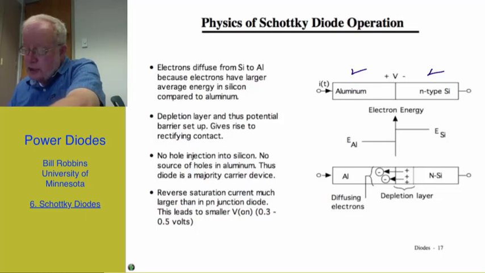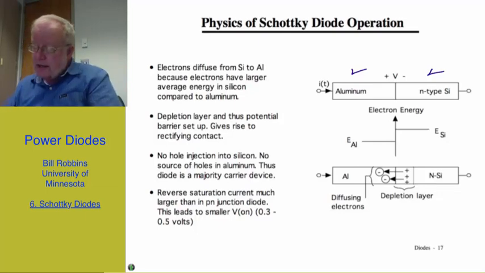The breakdown voltage in a Schottky device can be estimated based on modeling the interface as a step p-n junction.